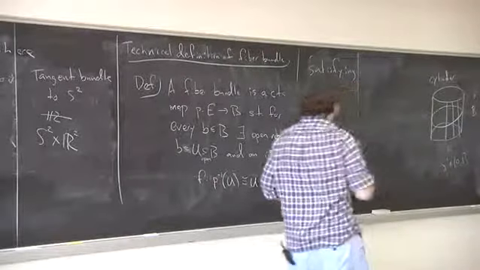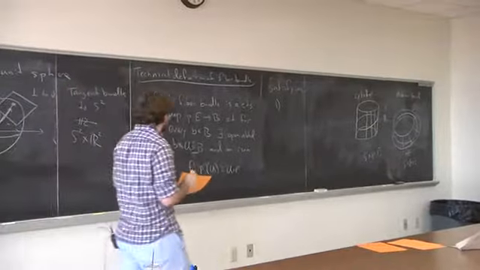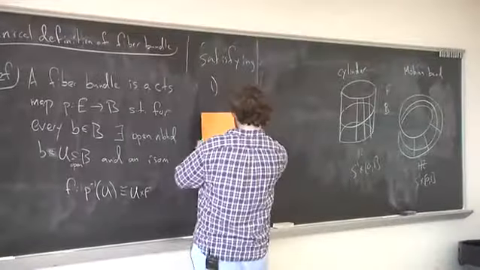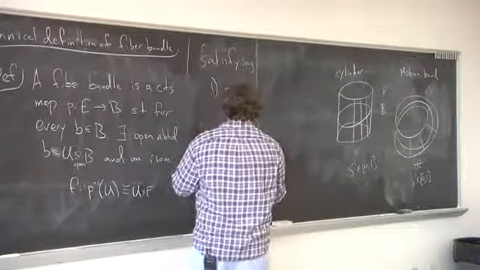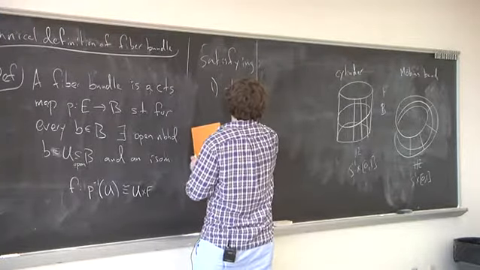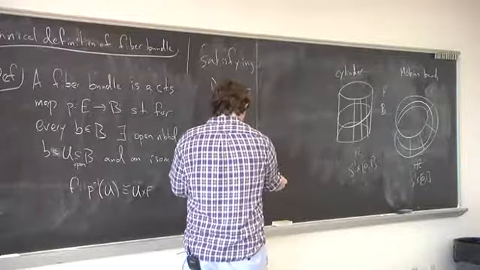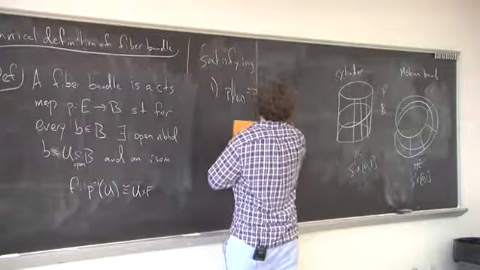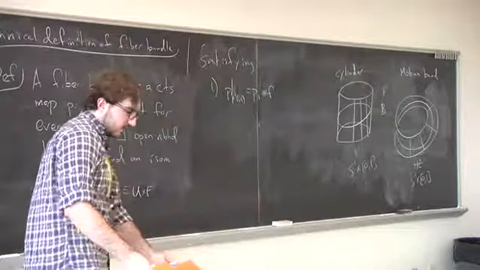So the first property is that somehow we want these F's to match up with the fibers. So P, when restricted to U, has to be equal to F followed by the projection onto the first factor.